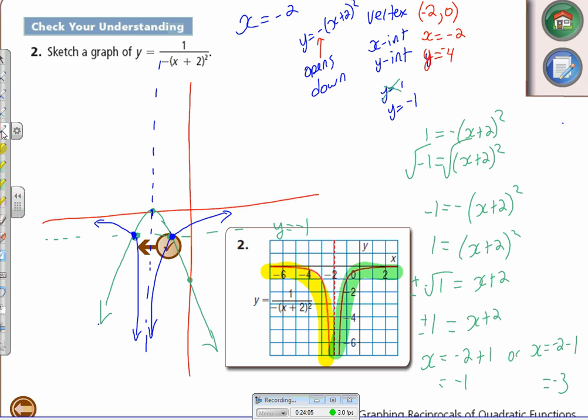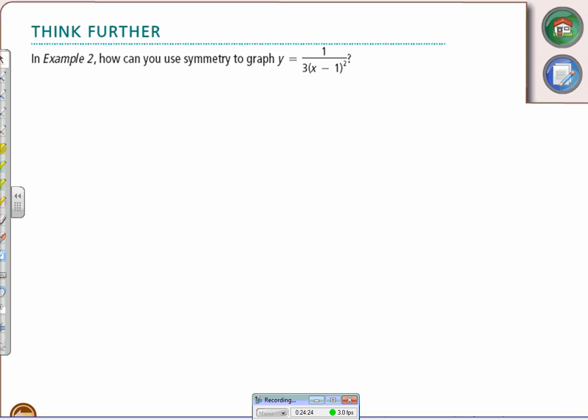Because the vertex was at the axes and gave us our asymptote, it's going to be symmetrical. So we can draw one side and then flip it right over top of the line of symmetry and draw the other side as well. And so that's how you can use symmetry to graph one of these. Graph one side, then graph the other side.